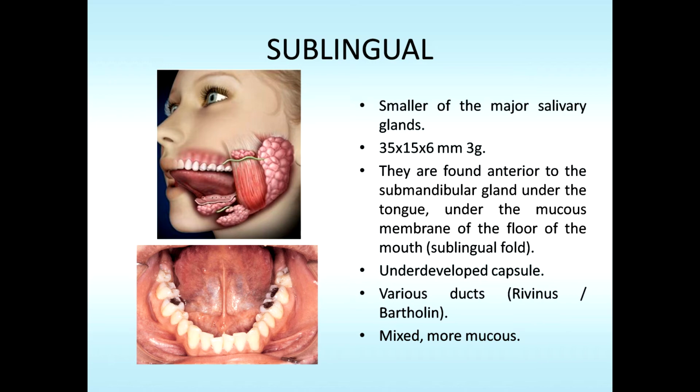In addition, it doesn't have complete septa. Thus, it's more like a set of glands that get together, but they contain independent ducts to get into the oral cavity, which is something that does not happen in the parotid gland or the submandibular gland, where we only have one major duct to get into the oral cavity.